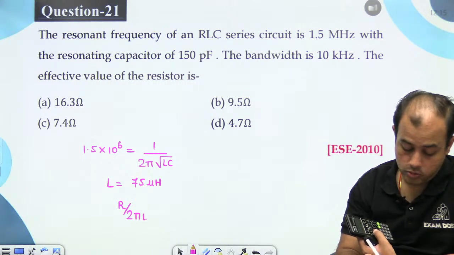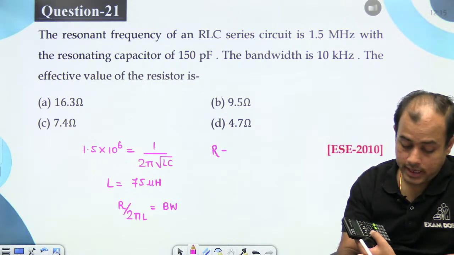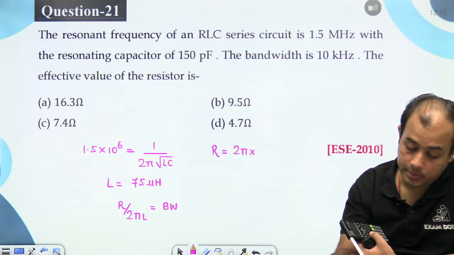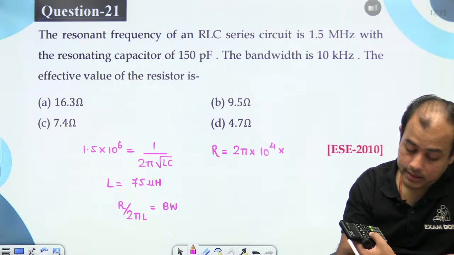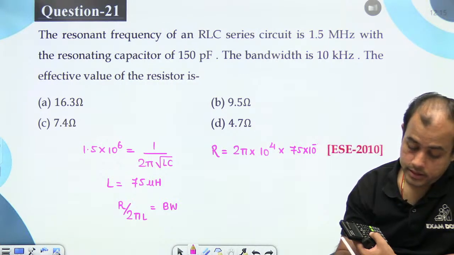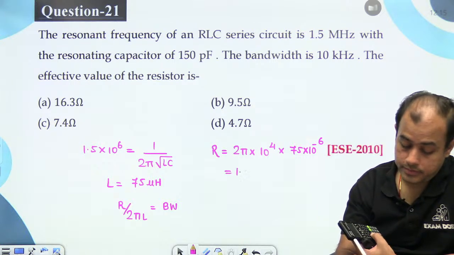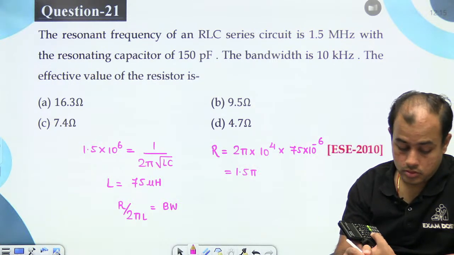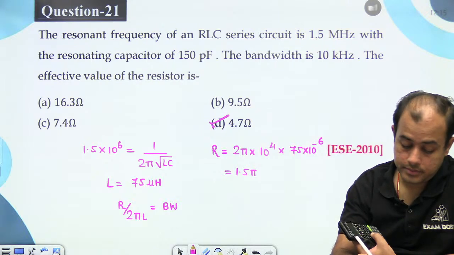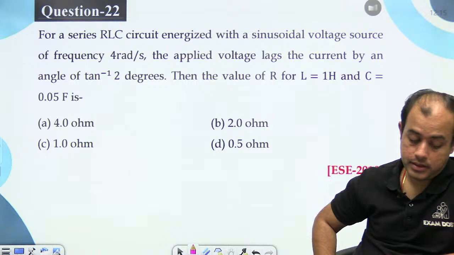Now R by 2 pi L is bandwidth. अब देखो कुछ बच्चे बोलेंगे R by L होता है बेटा, तो यूनिट्स का ध्यान रखें. Bandwidth is R by 2 pi L if it is in hertz, and it is R by L in radian per second. 75 microhenry. 0.75, 1.5 pi. So almost 4.7. D. Answer will be 4.7.